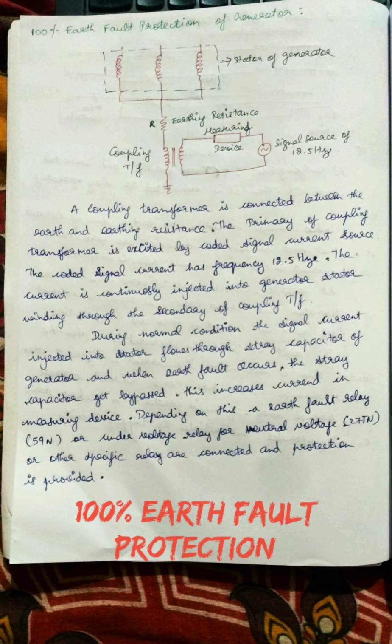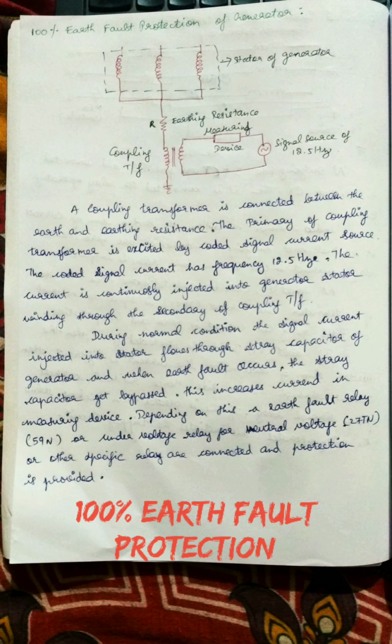So the increase in your current is measured by the measuring device, which is placed between the primary of your device and the earth. Depending on this, an earth fault relay or an under voltage relay for neutral connections, or any other specific relay connections, this protection will be carried out.